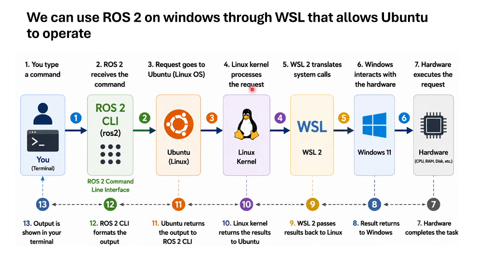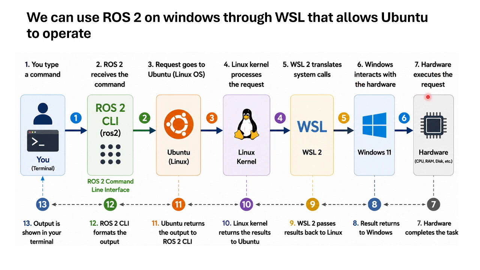After this is processed, this goes to WSL2 that translates this command or request, and that finally goes to our Windows that is accommodating all of this, and that interacts with computer hardware.